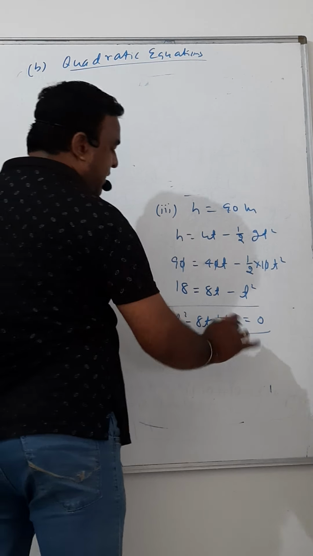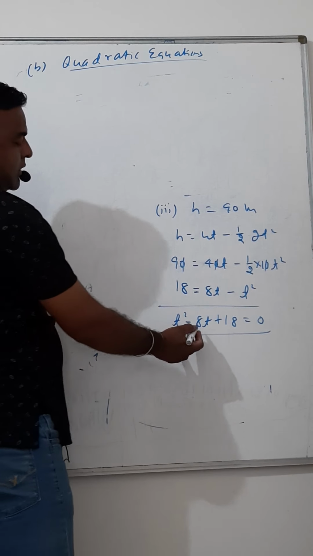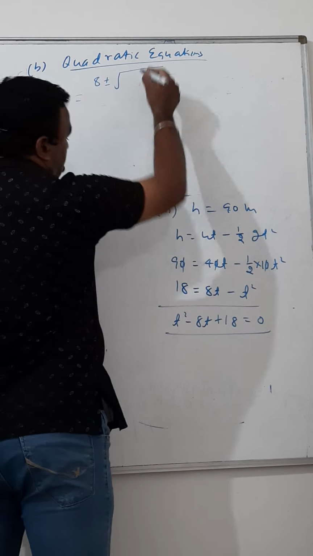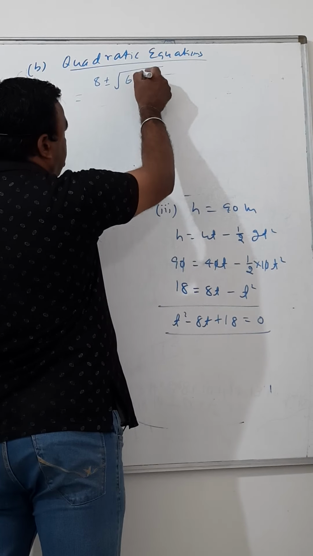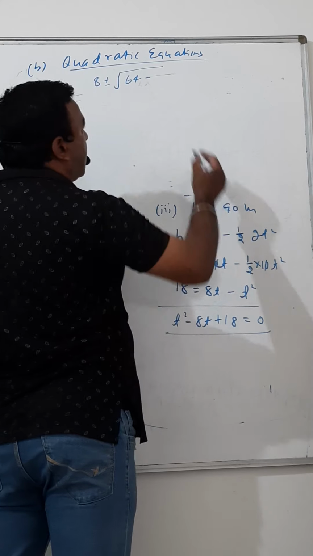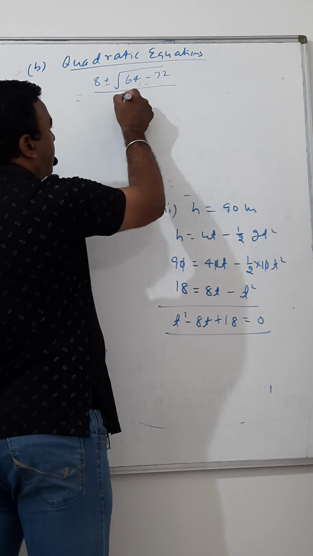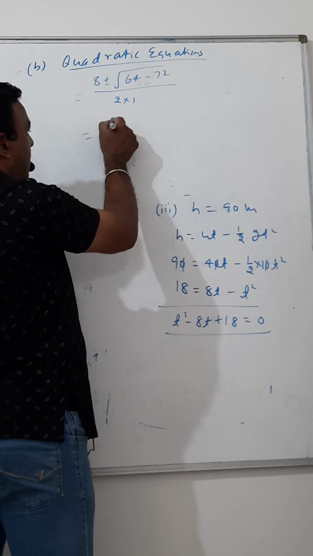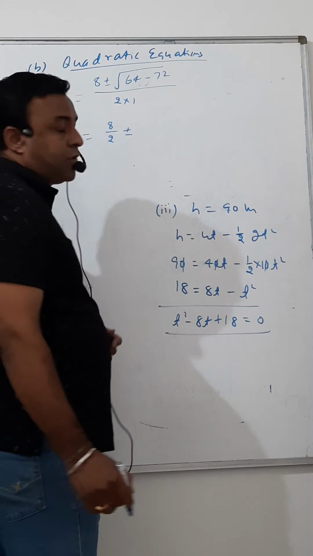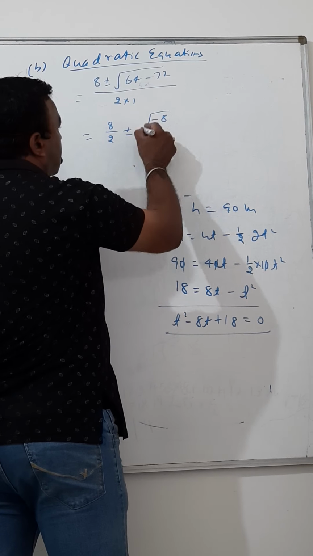Here, directly we can solve it. The values of time: of course, minus of minus 8 means plus 8, plus minus the square root of b squared, 64, minus 4 into 1 into 18. 18 into 4 is 72, upon 2a. It is 8 by 2 plus minus the square root of 64 minus 72, which is minus 8.